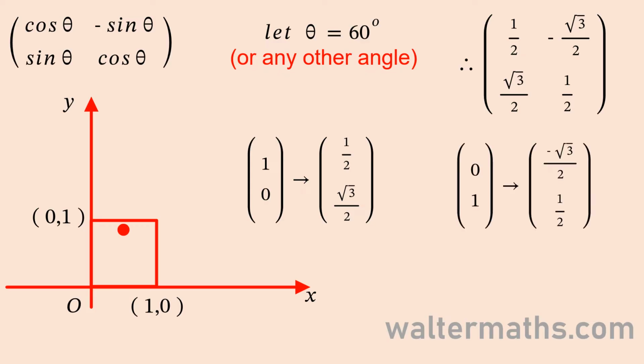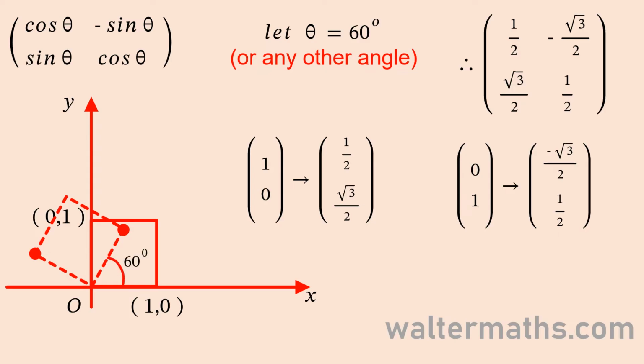And the point 0, 1 has been mapped onto the point with elements minus root 3 over 2 and a half, which should be this point here. So the image will come out like this, and you can clearly see that it's a rotation about the origin, going in this case 60 degrees in an anti-clockwise direction.